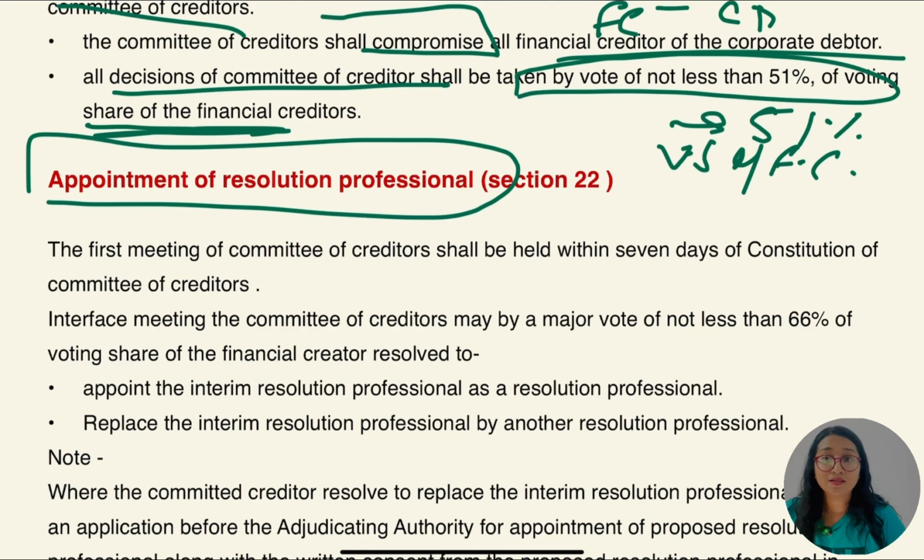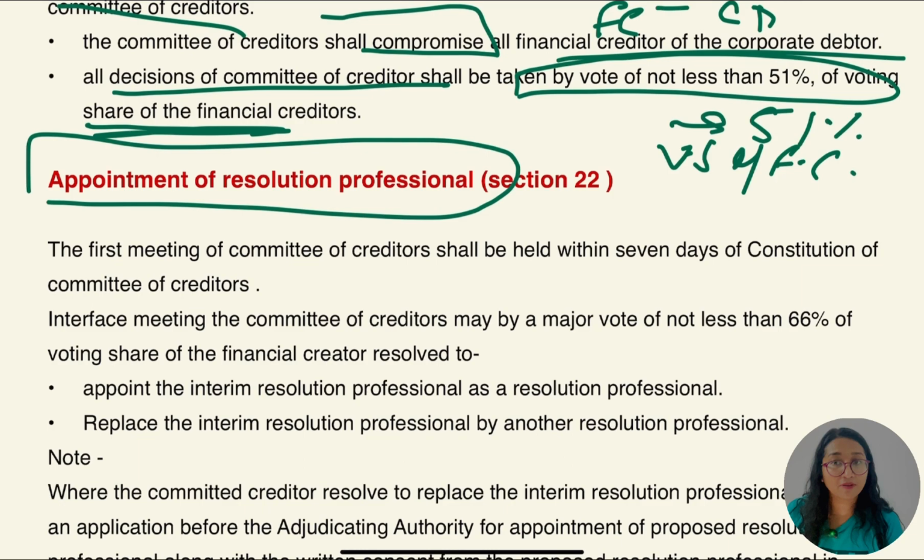Once the professional is appointed, there is a chance that the company can again remove them. Let's go to this section now. Don't be confused. Is there any time limit within which the COC should be constituted? Yes, within 7 days.